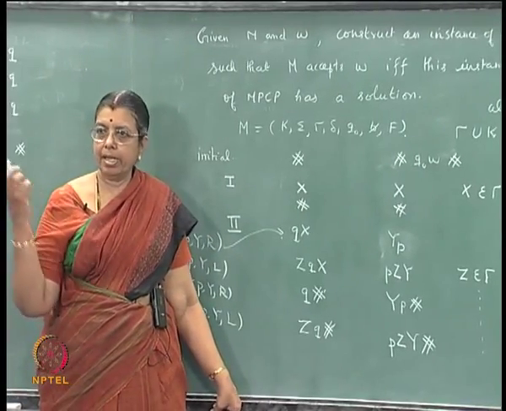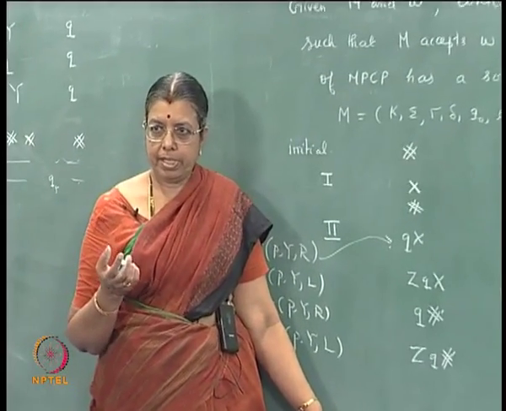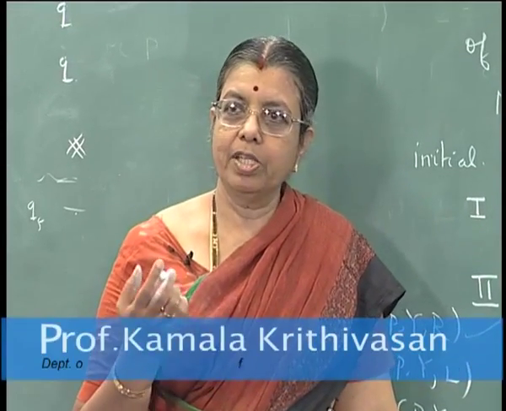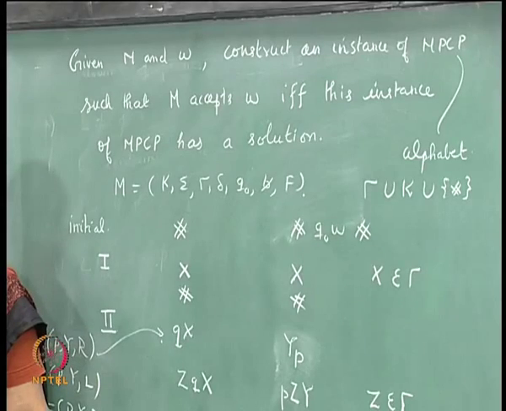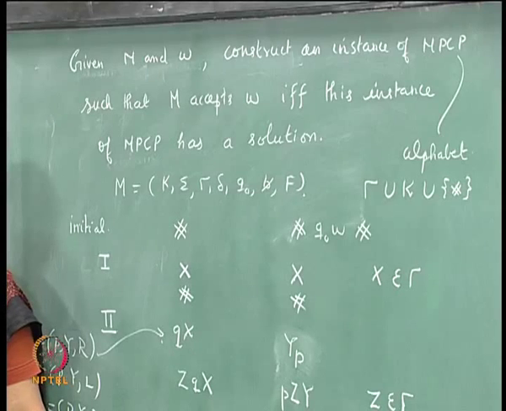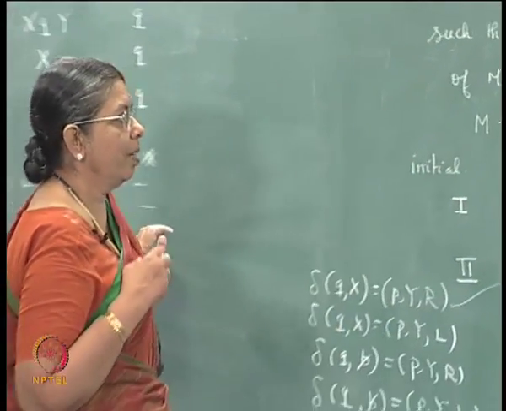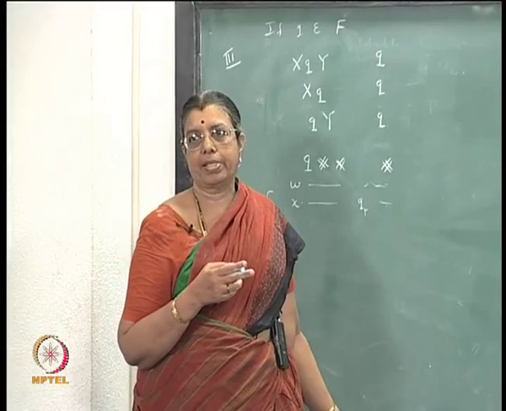In that case again that consuming of symbols will not be possible, you will not get equal strings. If M gets into a loop on W, this partial solution will keep on continuing and ultimately you will not reach a final state, it will go on and on. You will not be able to get equal strings. So, M accepts W if and only if this instance of MPCP has a solution.